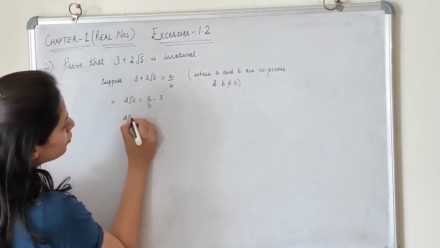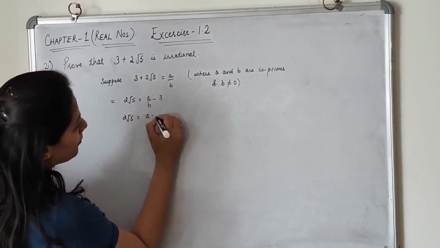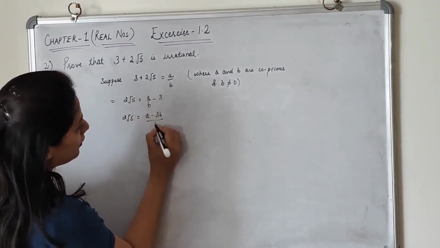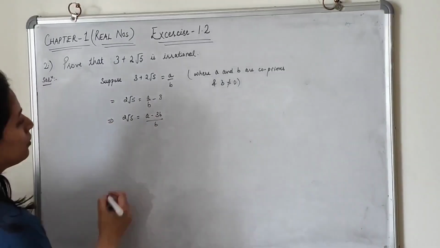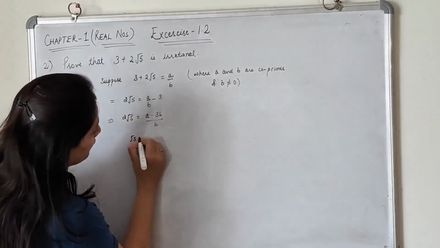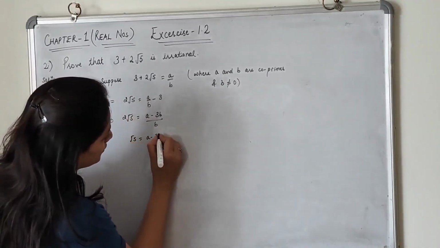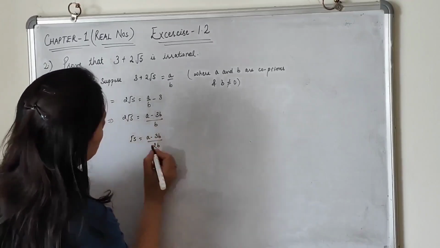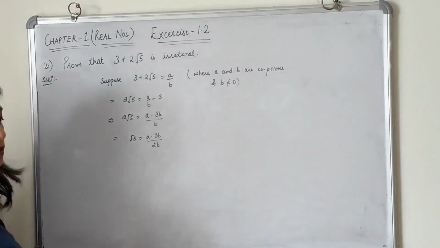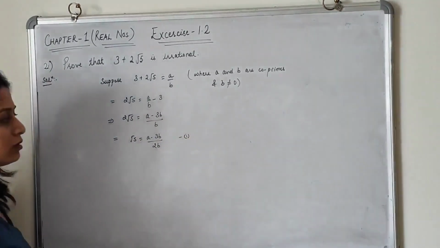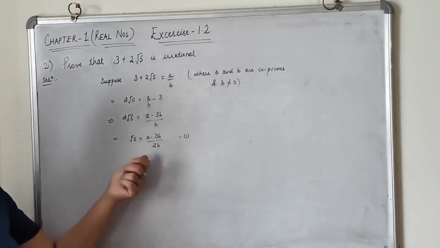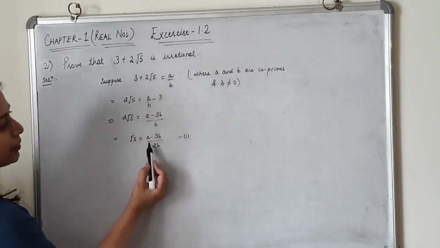Take the LCM of this. 2 root 5 is equal to A minus 3B upon B. Can we write it as root 5 is equal to A minus 3B upon 2B? Correct? Make it the first equation. From the first equation, what are we observing?